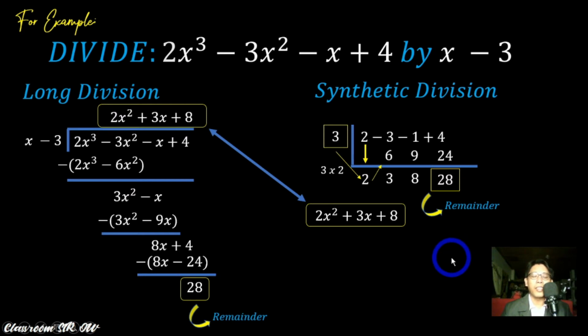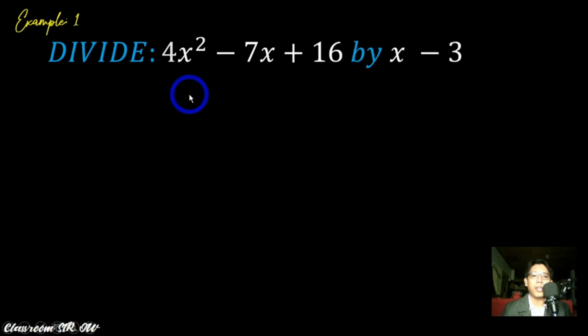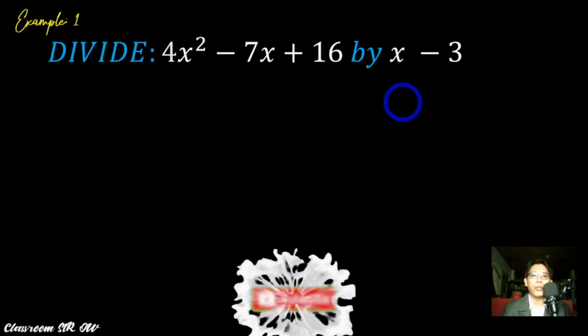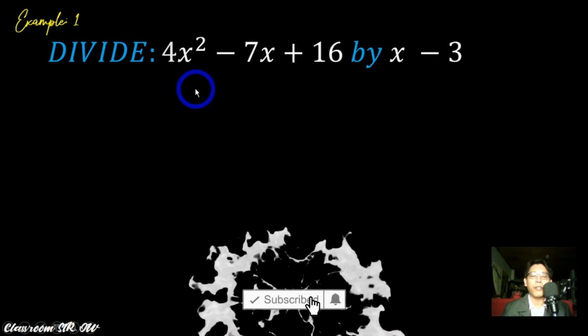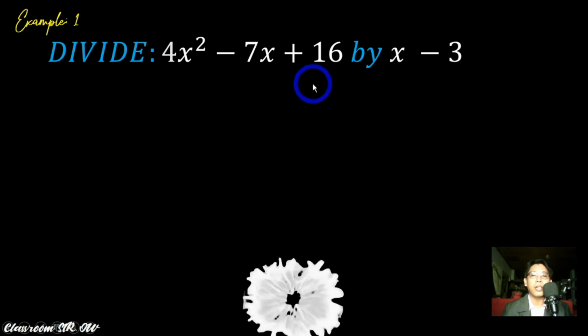Okay, so in this session, we will be focusing on explaining to you step by step the synthetic division. So take for example, we are asked to divide 4x squared minus 7x plus 16 by x minus 3. The very first thing that you're going to do is check if the degree is in descending order.